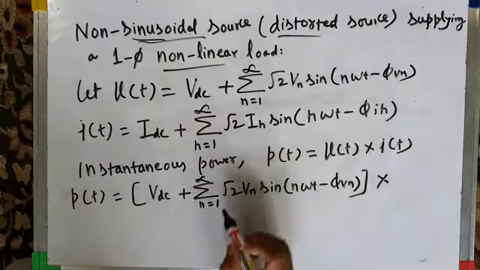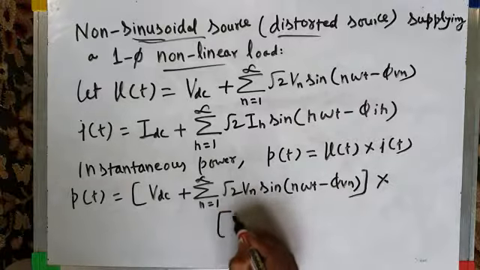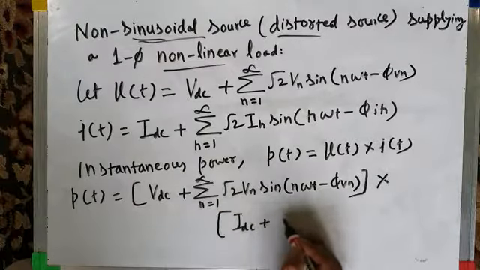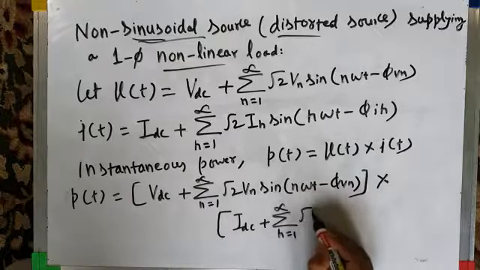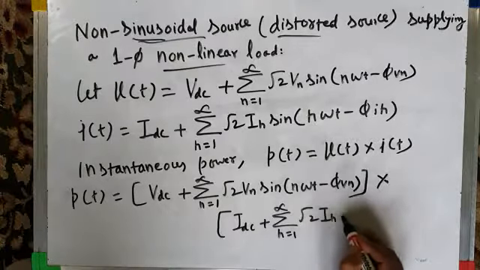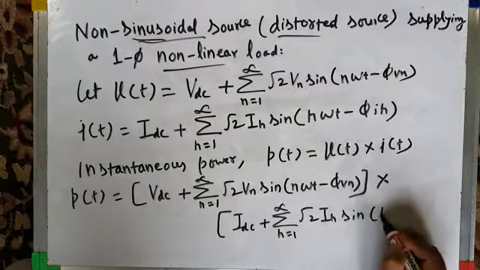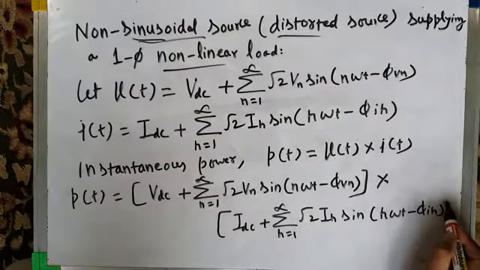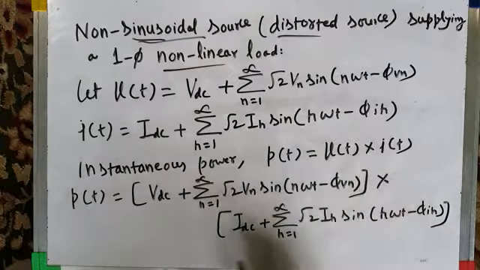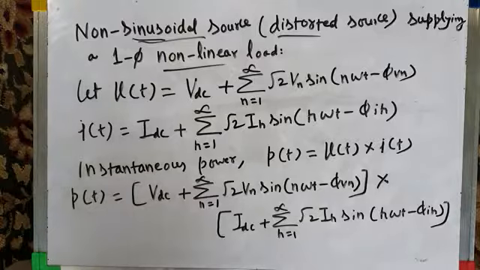It is given by this expression, IDC plus summation h = 1 to infinity of root 2 Ih sin(h omega t minus phi Ih). So this is the product of applied voltage and current in the circuit, the mathematical expression for instantaneous power.